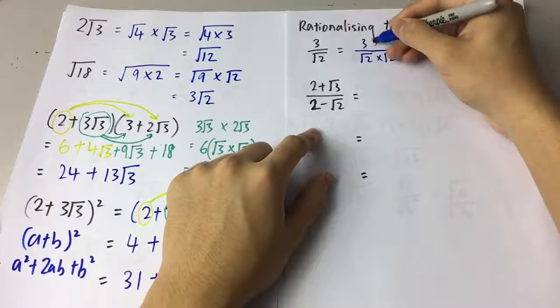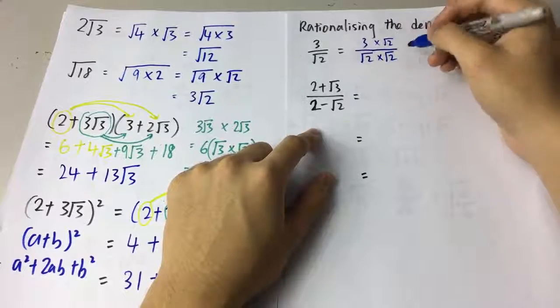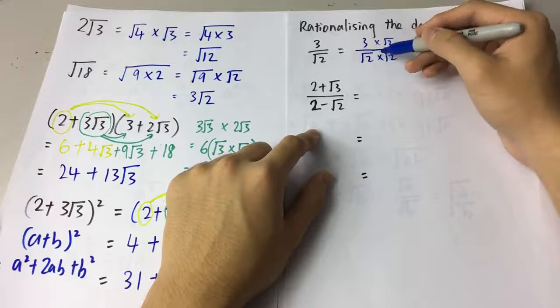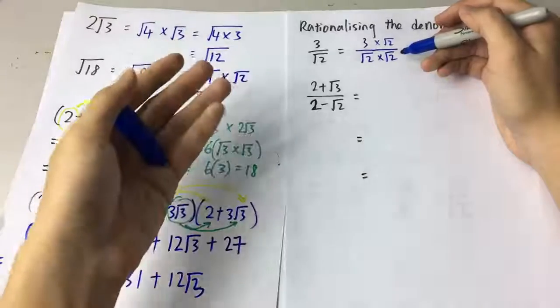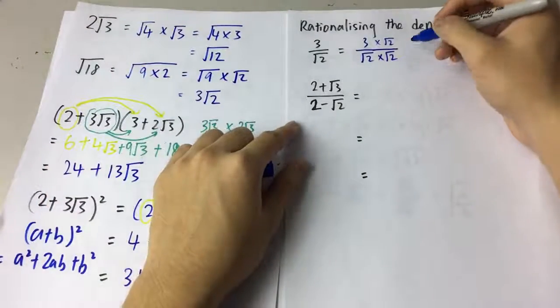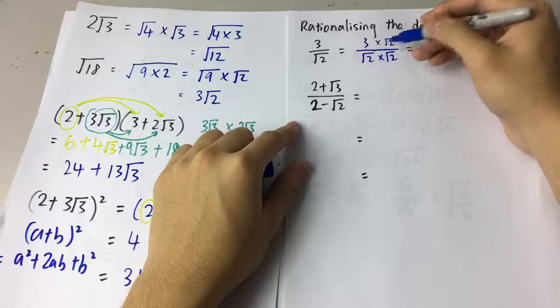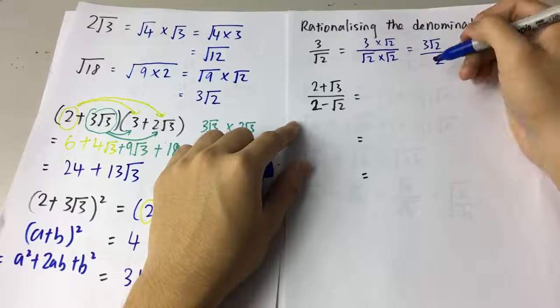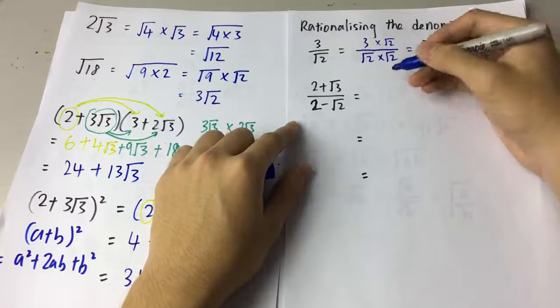We just times root 2. We need to get rid of the root. As I said just now, root 2 times root 2 is like 2 to the power of 2, then you can cancel the square root. So you get 2 root 2 over 2. It's easy.